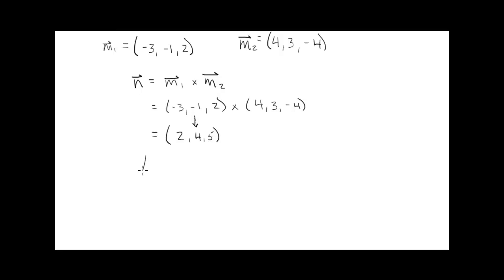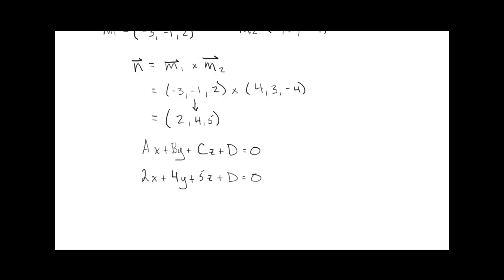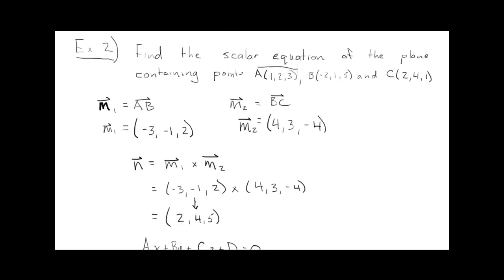Okay, so now Ax plus By plus Cz plus D is equal to 0. So I know A is 2, I know B is 4, I know C is 5, and I don't know D. So how do I get D? I just need to plug in a point, any one of these 3 points.